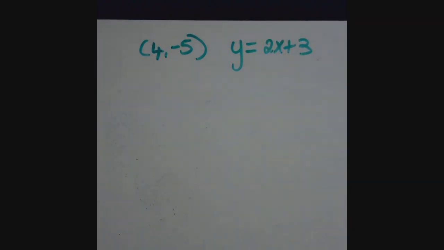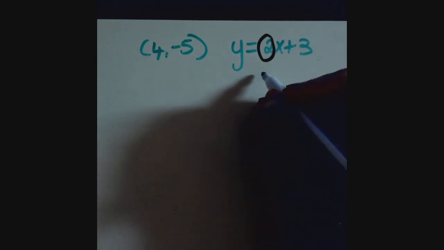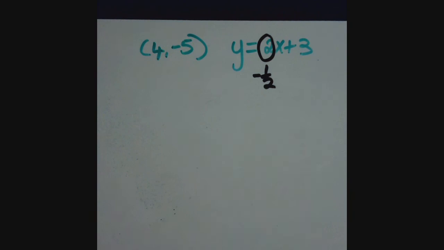I'm interested in the slope, right? So we said that perpendicular slopes are negative reciprocal. So if this is 2, then the negative reciprocal is going to be negative 1/2. Okay?